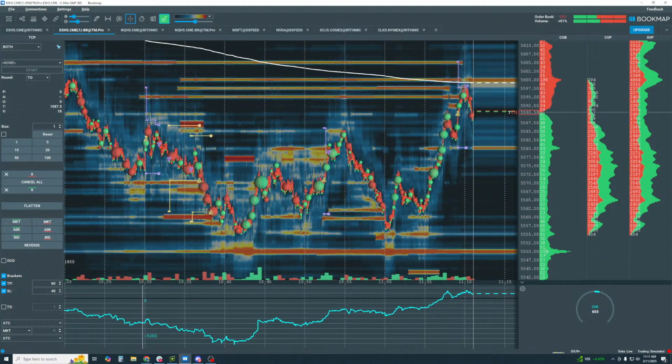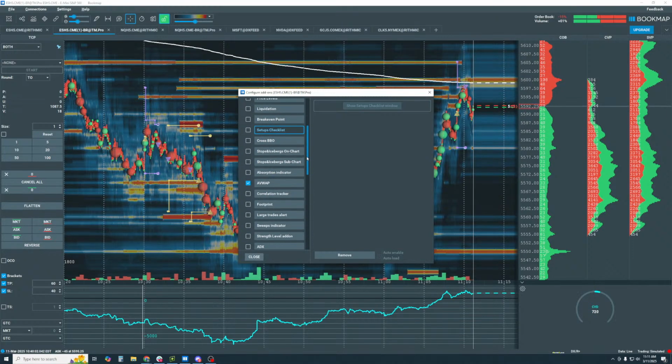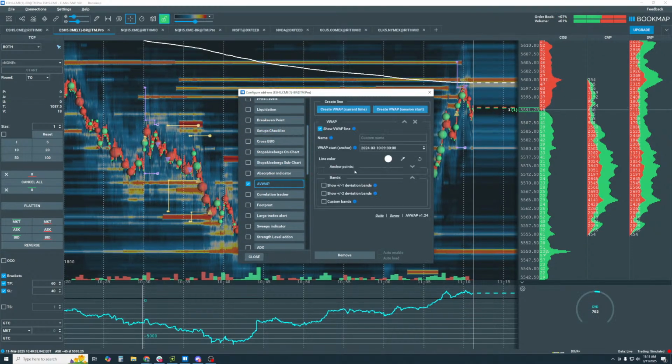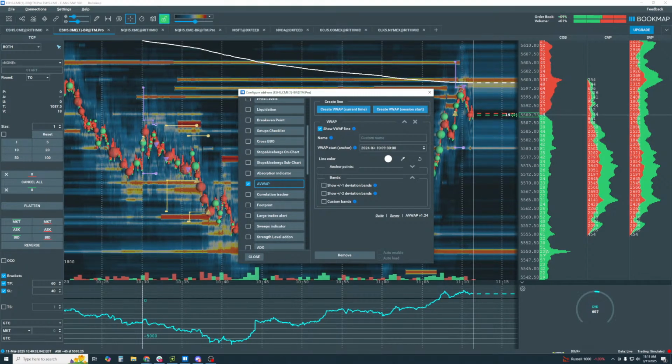What time was the VWAP? I believe, what do I have it set for? Now, our VWAP is based off of as much data as you have in here. You can see I have it set for yesterday at 9:30. So obviously I don't have yesterday on here, so it starts from the very beginning of my session. Now you can input today's date if you want, and then look for that at 9:30.